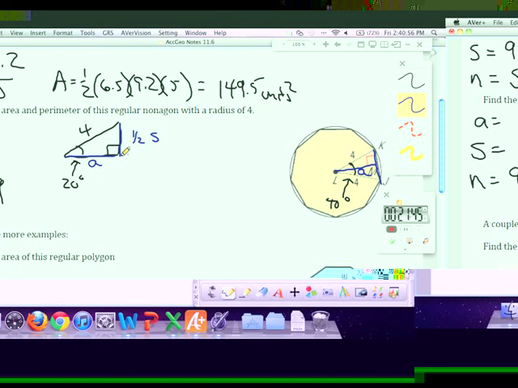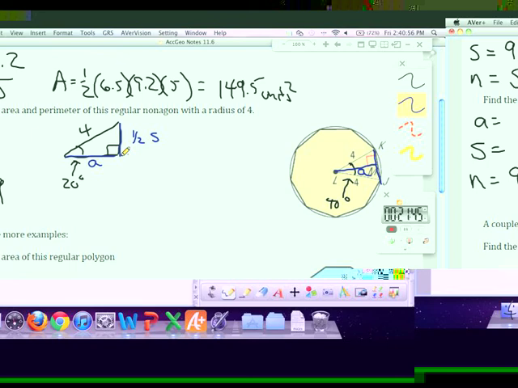Well, to do that, we can take our polygon and let's create a little wedge that's in here, and go even further and draw in the apothem. Working backwards, we have this right triangle.